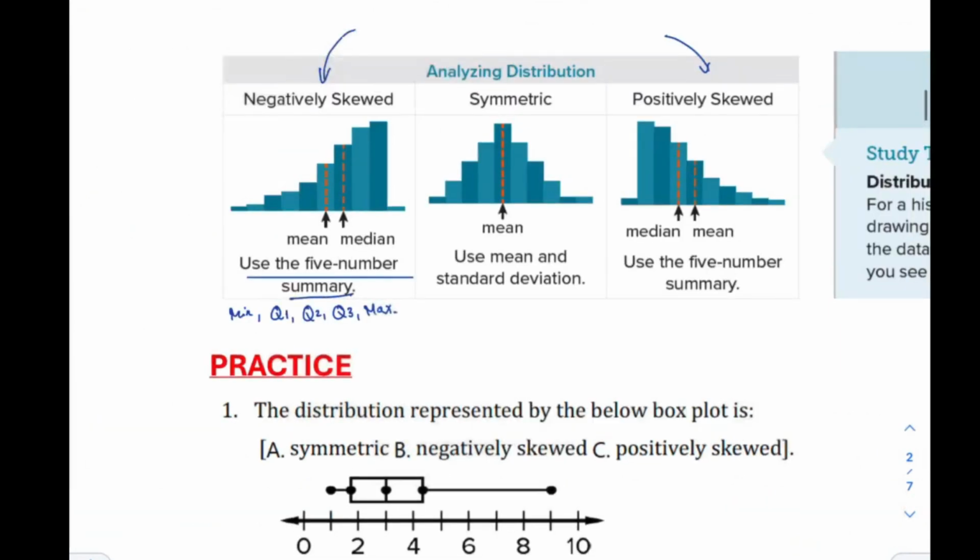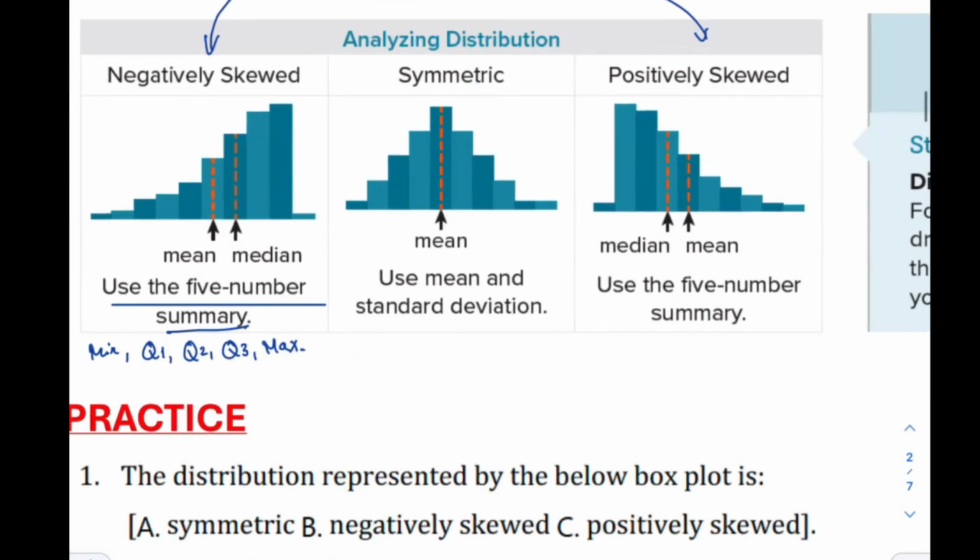And this was explained in the previous video. Here, the positively and the negatively skewed are the same. If it is symmetric, then the mean and the standard deviation will be better measures.